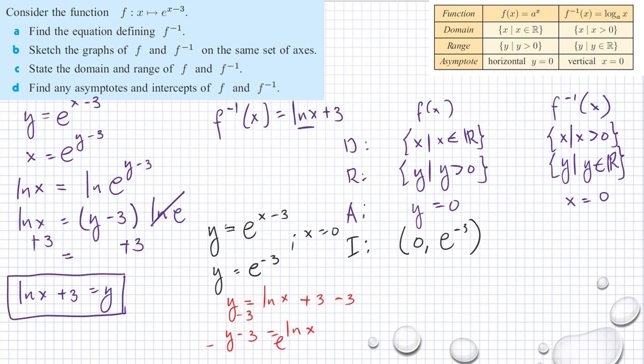Remember that y is equal to 0, and we need to find x. So e raised to 0 minus 3 is equal to x. Then x is equal to e raised to negative 3, and the intercept is e raised to negative 3 and 0.